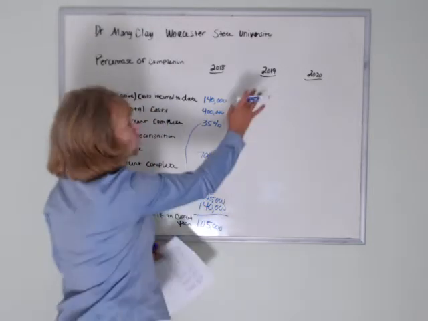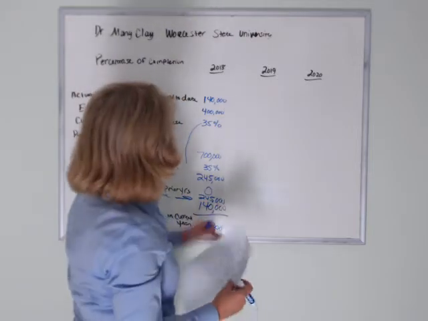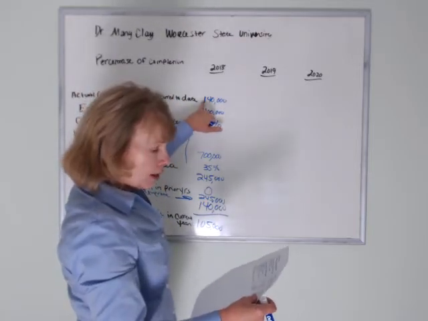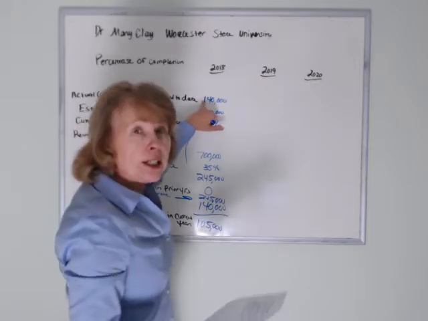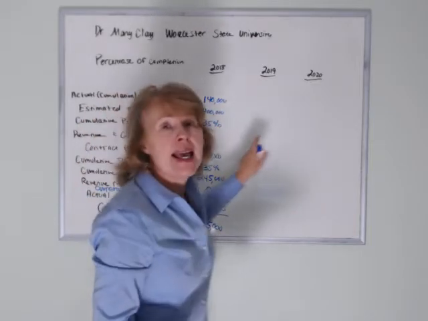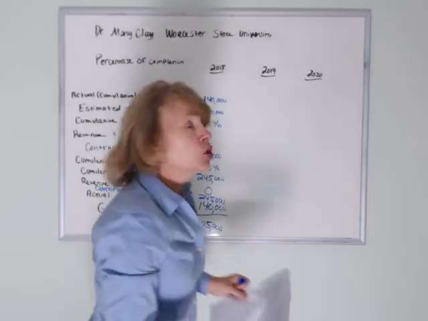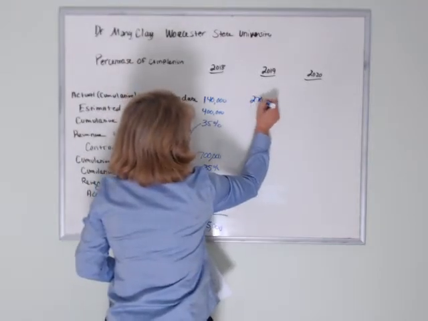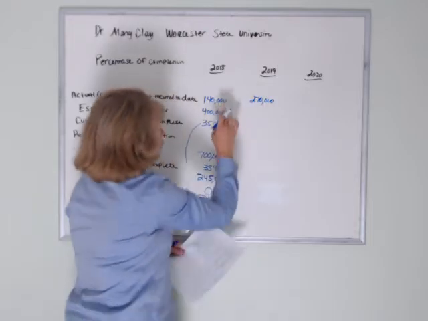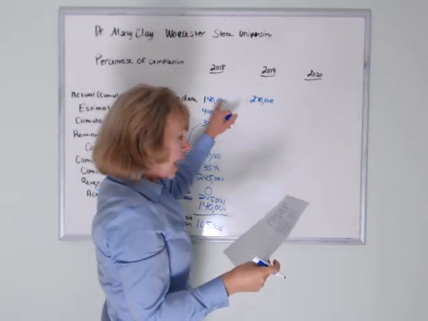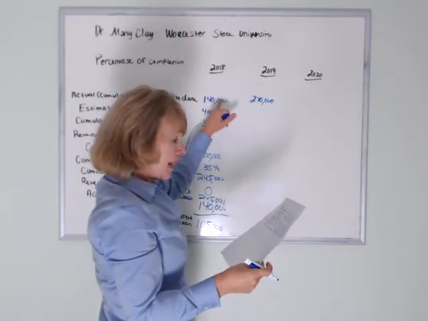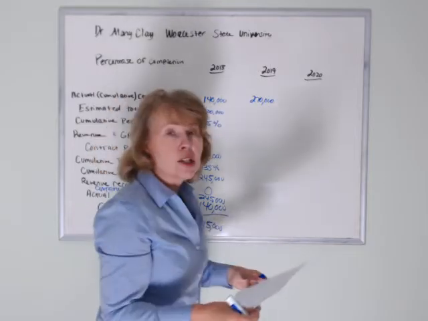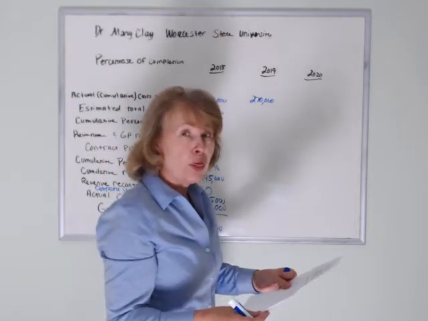Okay, now we're going to 2019. Watch this. We already have 140. What was our amount only for 2019? It's cumulative, so total it. So it's $270,000. One more time, how do you get that? You're going to take $140,000, the actual cost for 2018, plus the actual cost for 2019, which was $130,000.